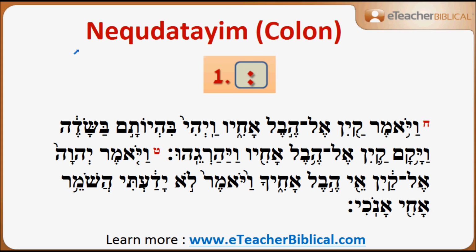But before that, let's talk about the word nekudatayim. Nekudatayim actually means two dots. And it's very nice in Hebrew to see that the suffix "aim" many times indicates a dual noun. For example, if I want to say 2 months, I would say chodshayim.